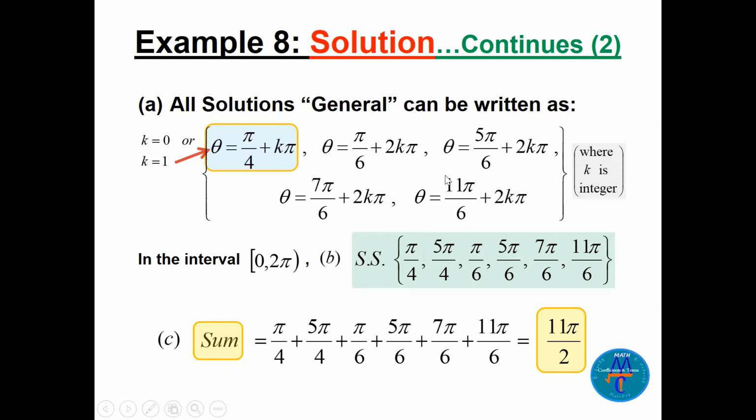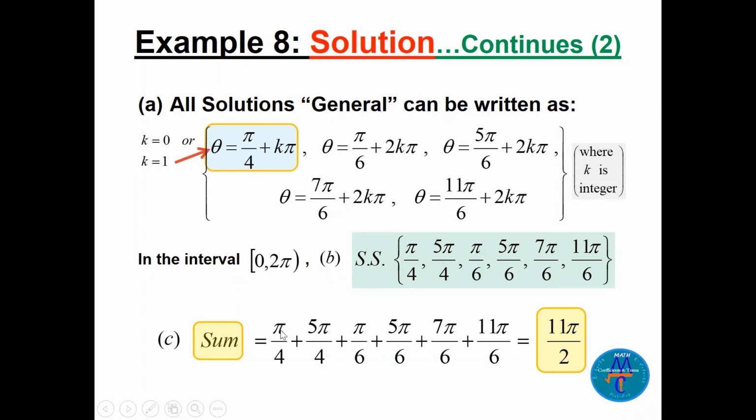So I cannot take k equals 1 in these 4, only in the first one, because the angles must be between 0 and 2 pi. So I have 6 solutions, 6 theta values between 0 and 2 pi.